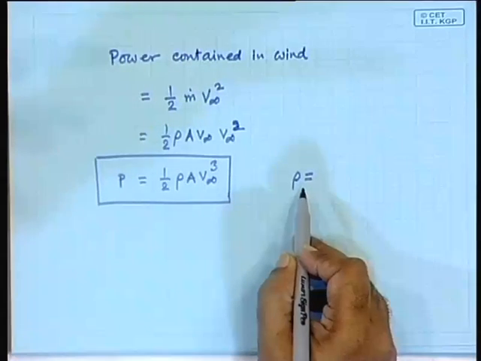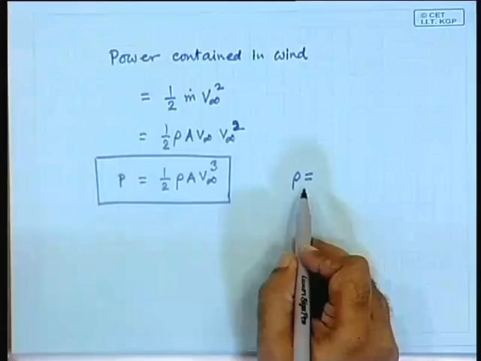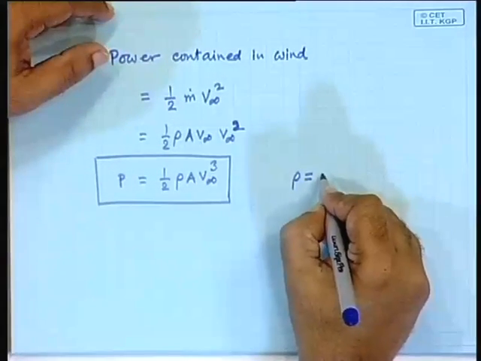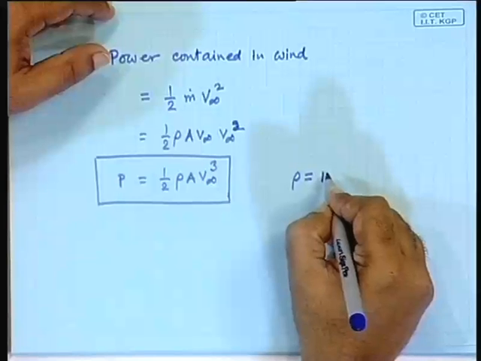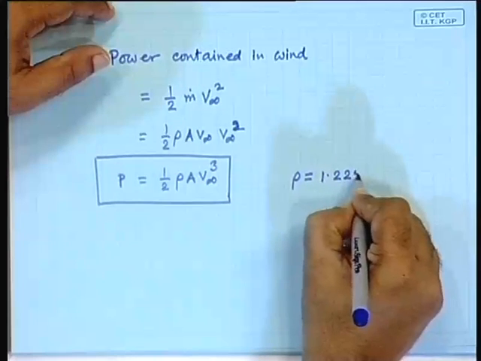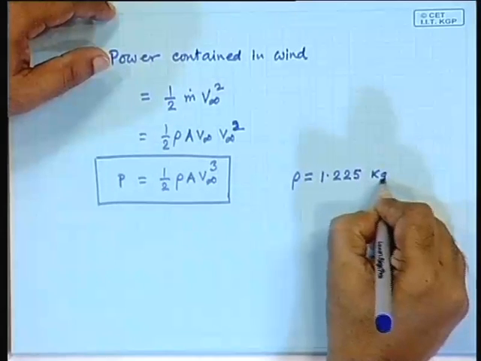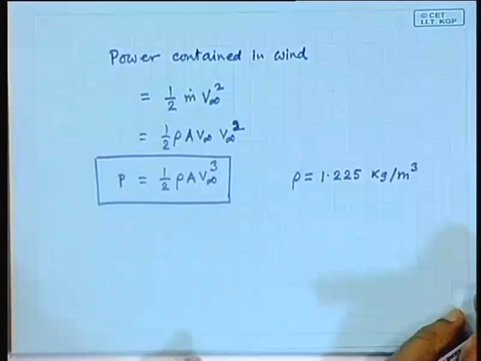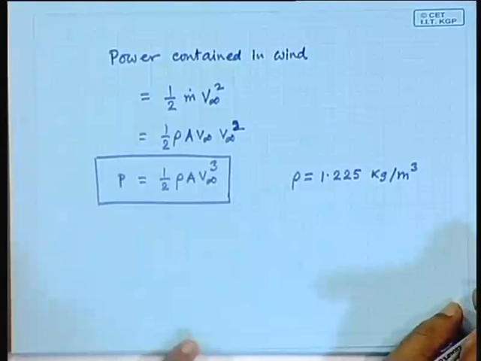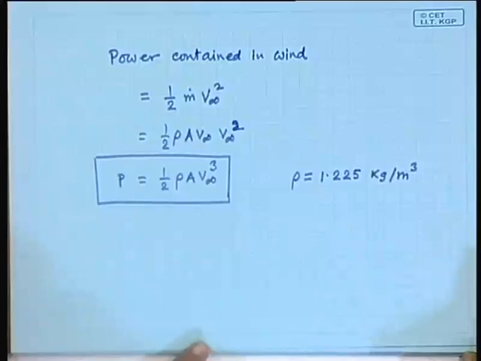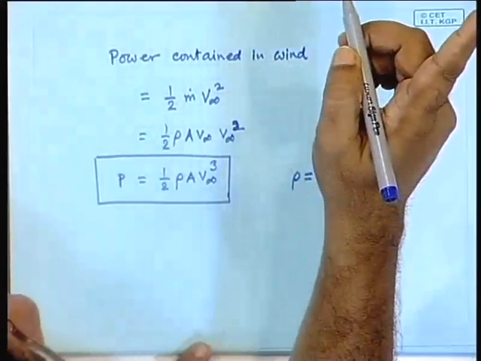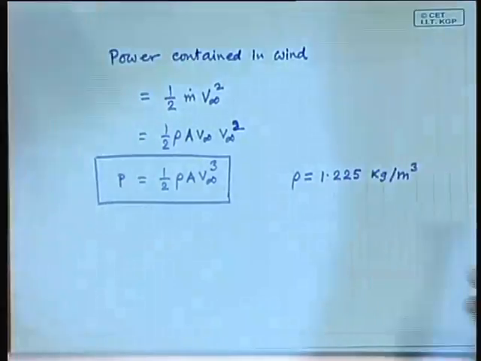So, rho is not really a constant quantity, but for the purpose of calculation, you can take something like this as some kind of an average value. Sometimes when I give a problem, I might give 1.125, do not say it is wrong, okay, because it is a variable quantity.